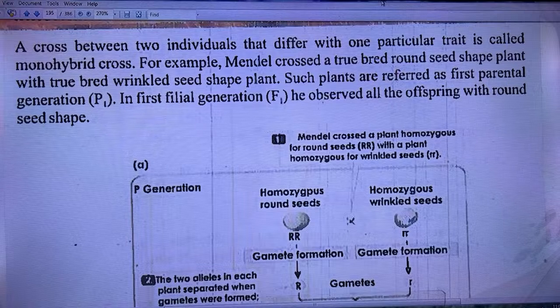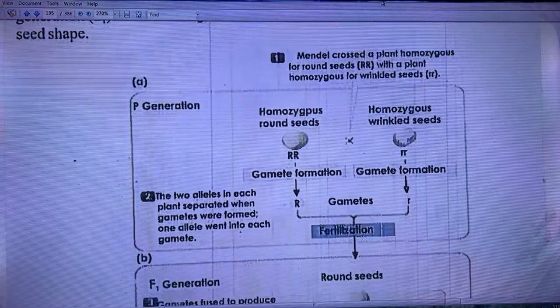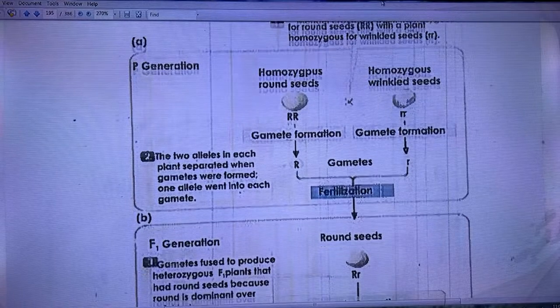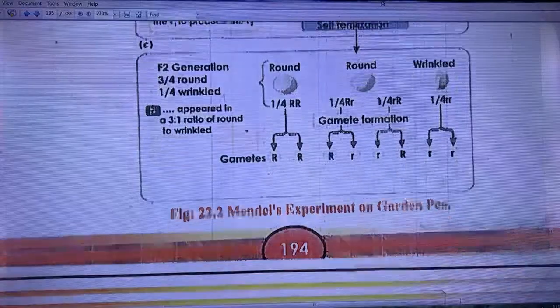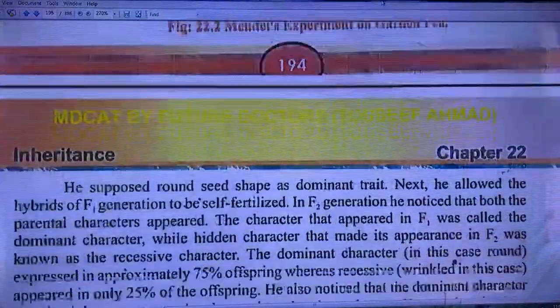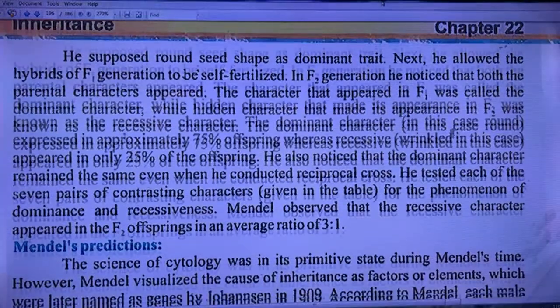In the first filial generation, F1, he observed all the offspring with round seed shape. He supposed round seed shape to be the dominant trait.